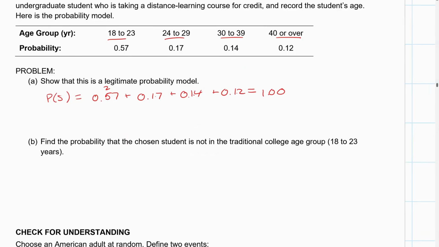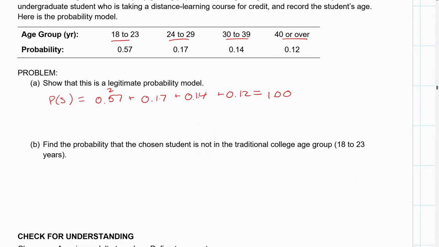So find the probability that a chosen student is not in the traditional age group. Well, I could write that as the probability that the student is 24 to 29 or 30 to 39 or 40 and over.